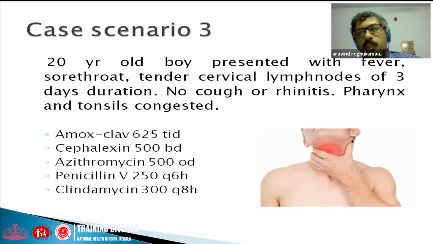The other 2 indications for antibiotics will be diphtheria and gonococcal pharyngitis. Both of them are quite rare, and so our focus should be to identify patients with streptococcal pharyngitis.